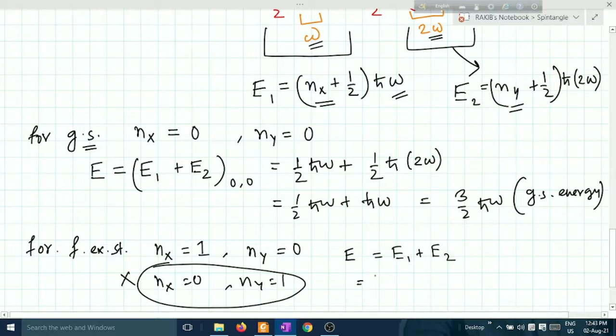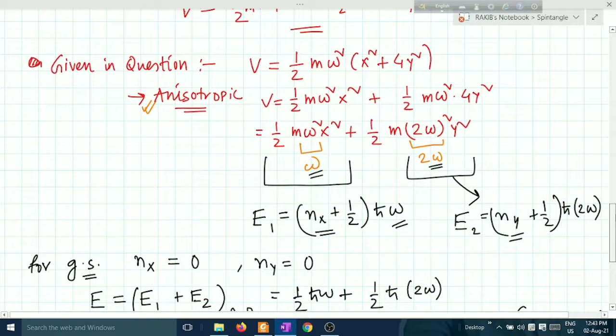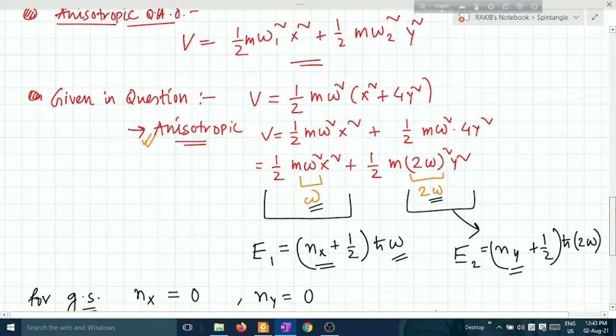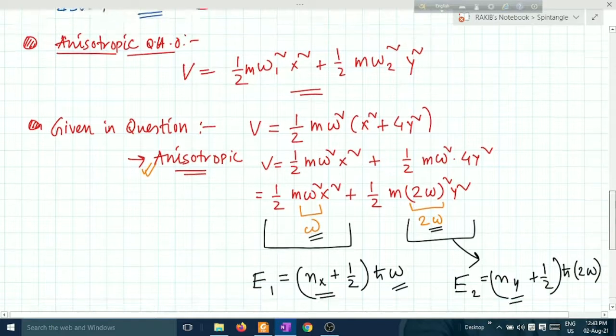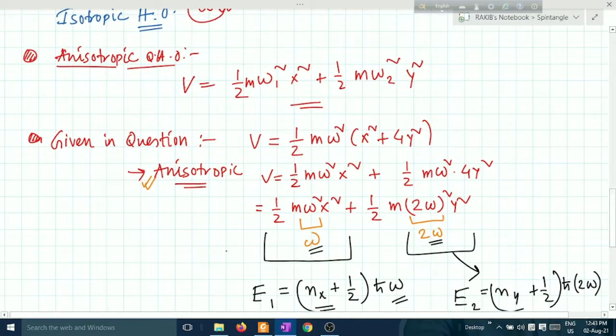If you put nx 0 and ny 1, okay, this is the energy expression.